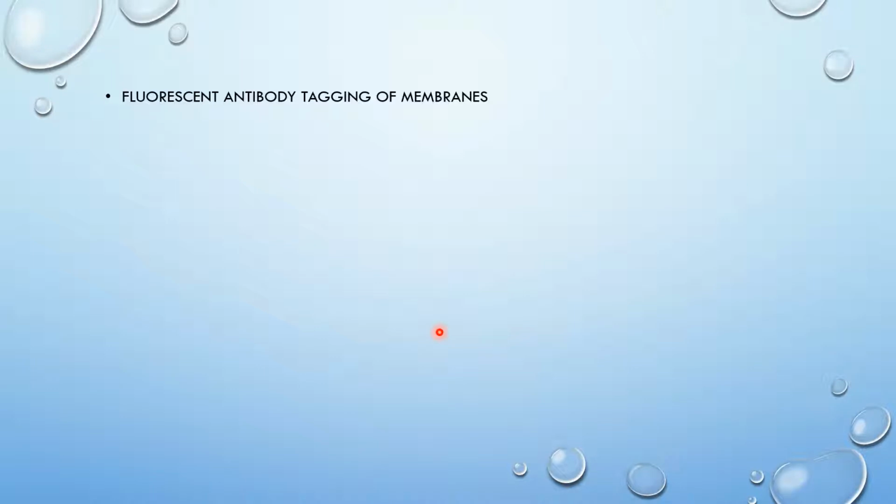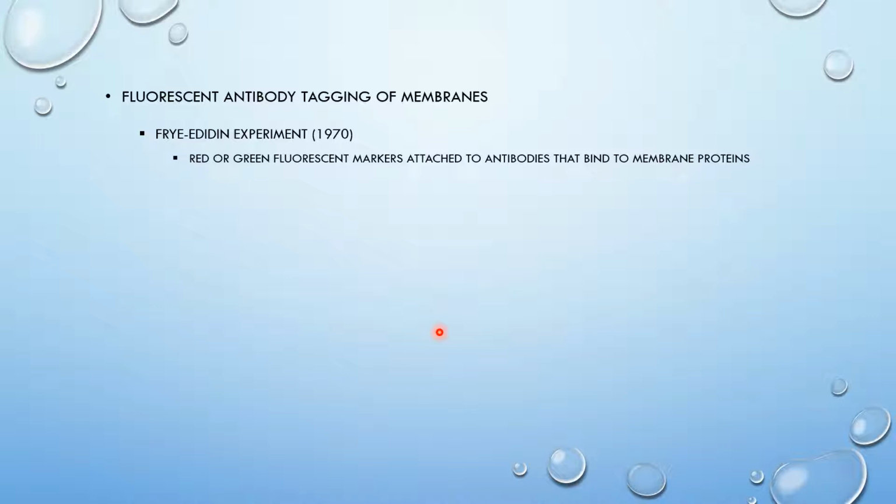The last piece of evidence we're going to go over is the fluorescent antibody tagging of membranes. This is basically an experiment by Frye et al. in 1970. What they did is they attached red or green fluorescent markers to antibodies that bind to membrane proteins.